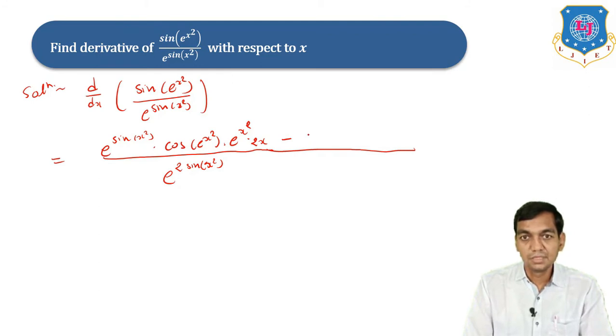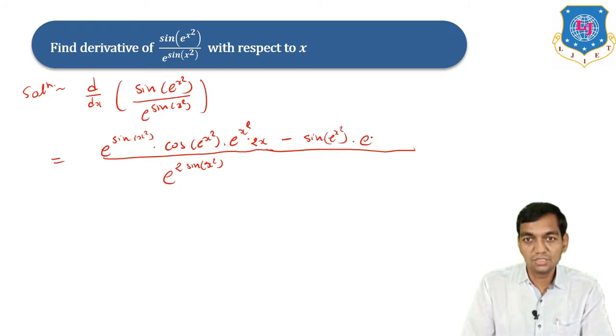Now numerator as it is and derivative of denominator. So e raised to has a derivative e raised to into sine has a derivative cos x square into x square has a derivative 2x.